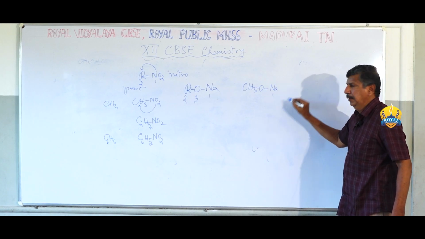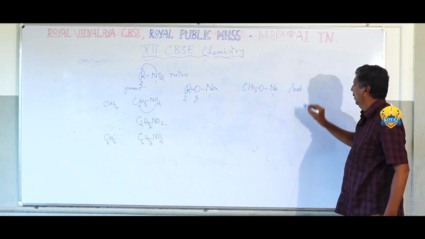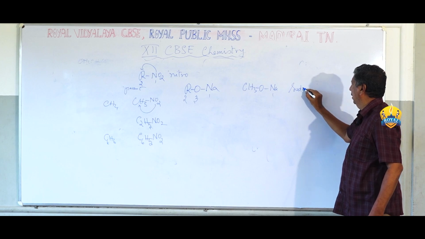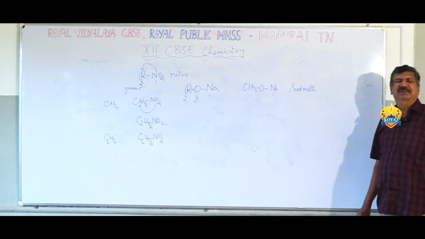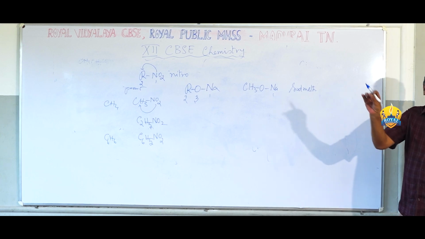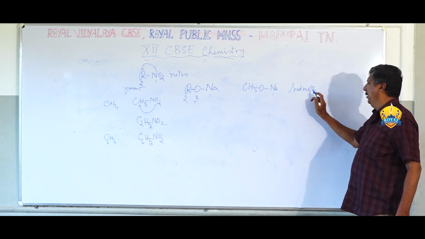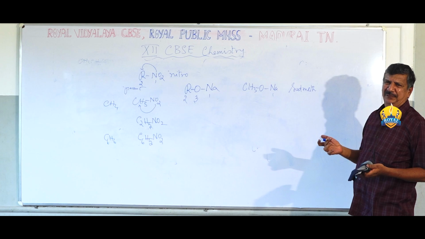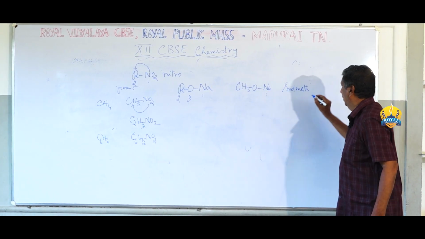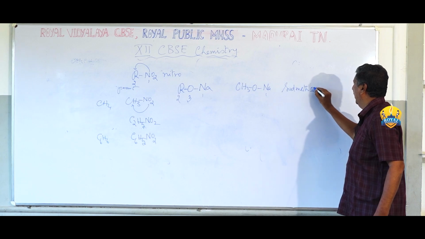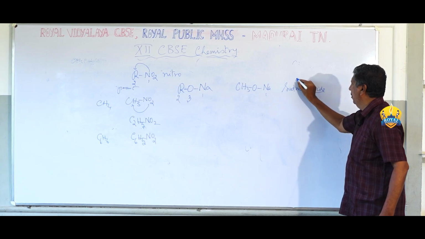So first this one, sodium, second this one. Don't write the complete name. You remove YL. So meth. Meth means methyl, you all know. Then this one is not ether. You should name it as oxide.